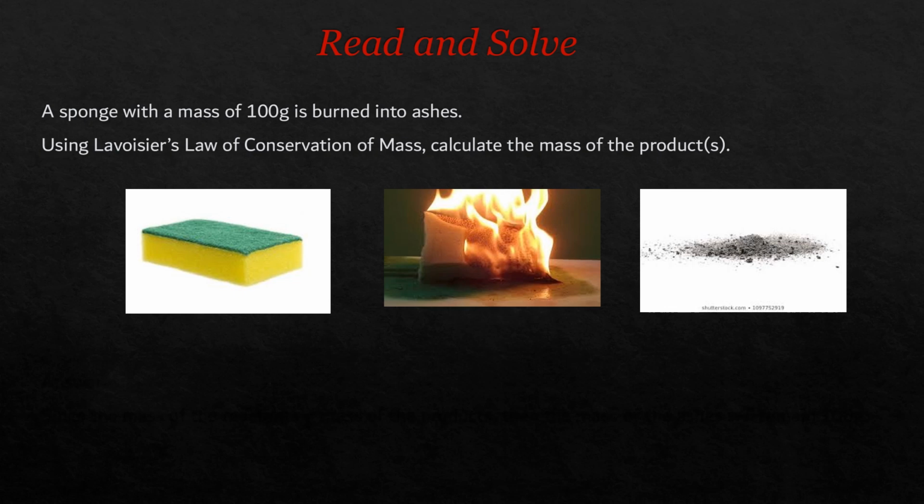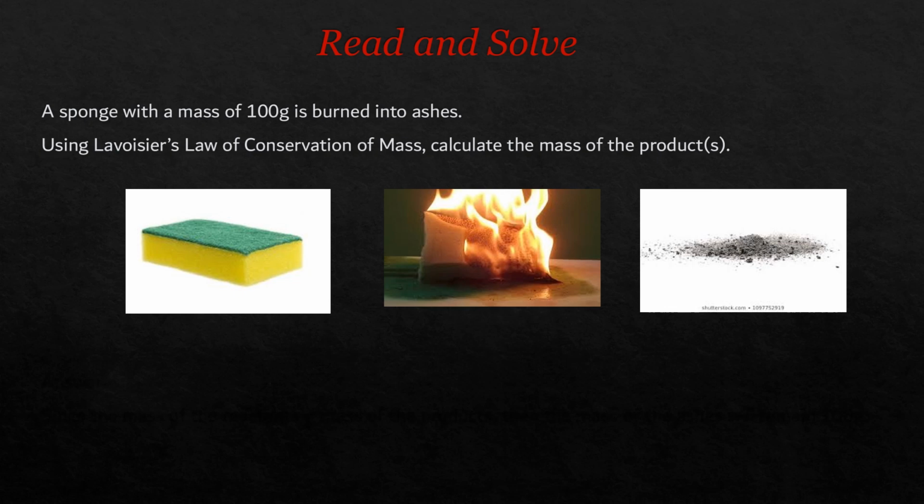Let's solve an example. A sponge with a mass of 100 grams is burned into ashes. Using Lavoisier's law of conservation of mass, calculate the mass of the products. So we know that the law of conservation of mass says the mass of reactants equals the mass of the products.